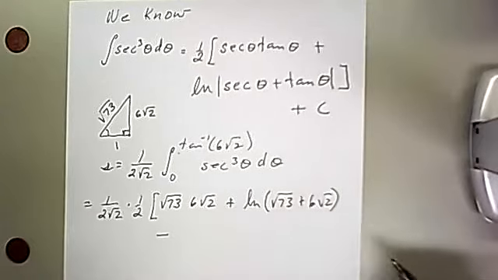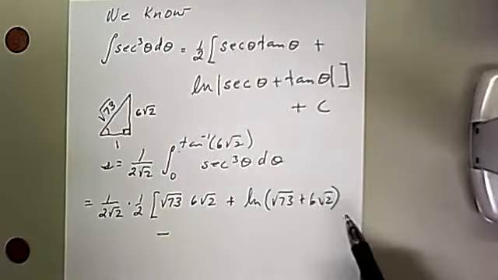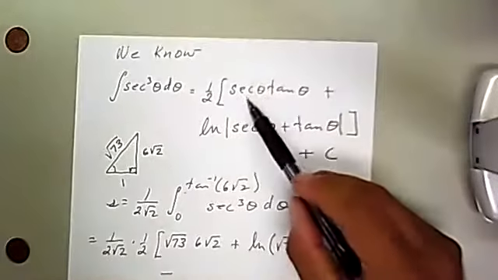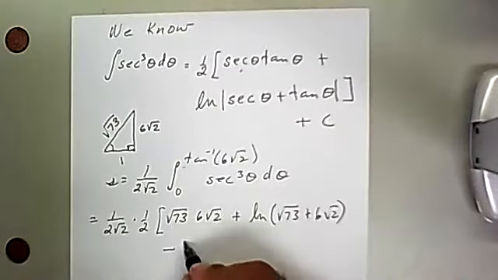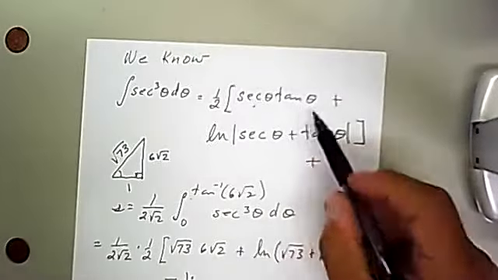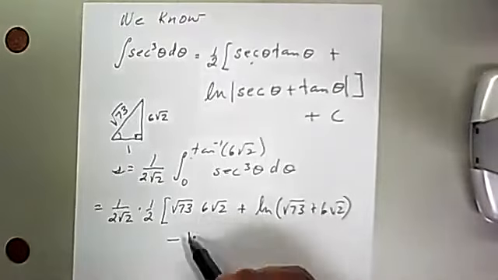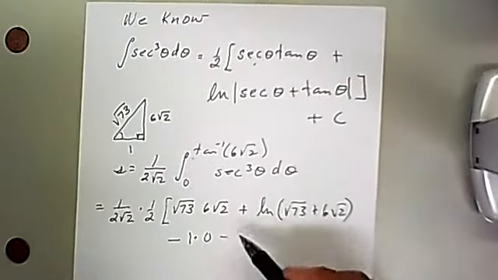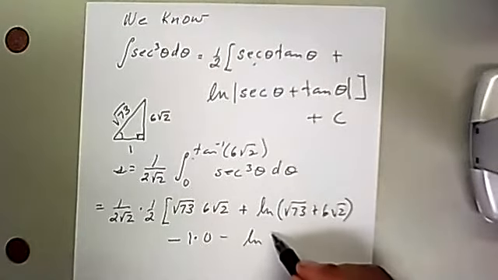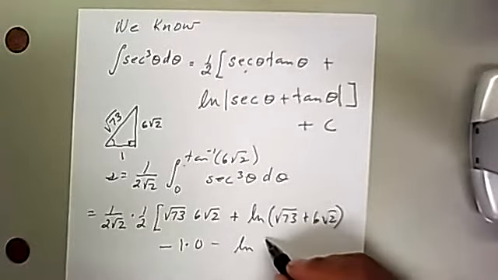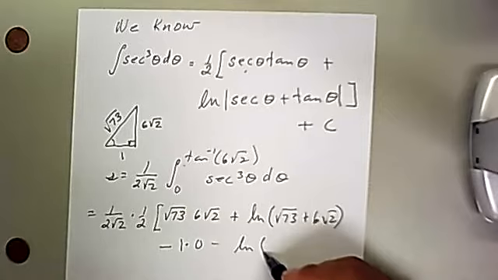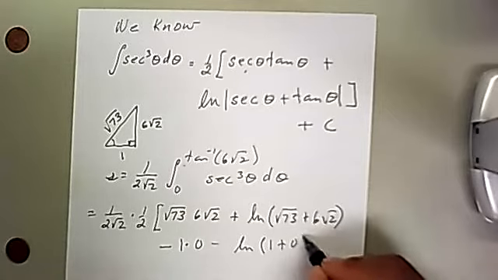Minus, because we're using the fundamental theorem of calculus, secant of 0, which is going to be 1, times tangent of 0, which is going to be 0, minus the natural logarithm of those two numbers, 1 and 0, added together, 1 plus 0.